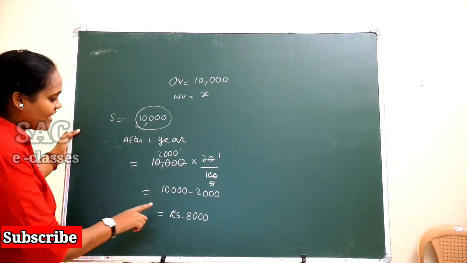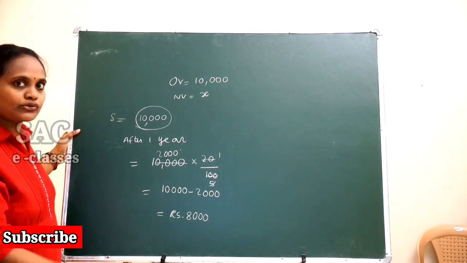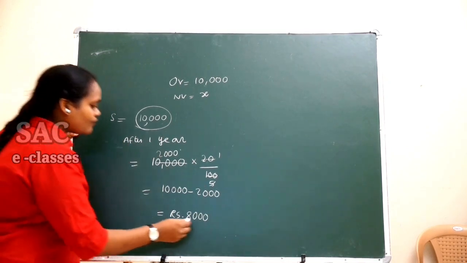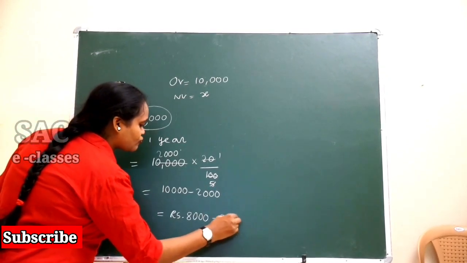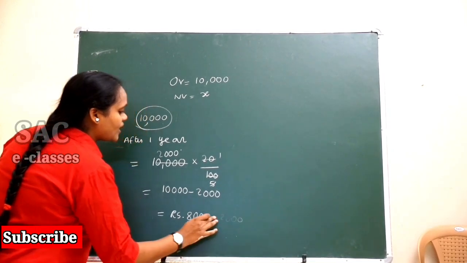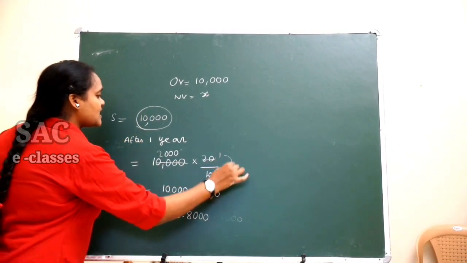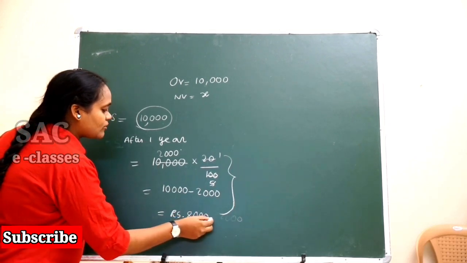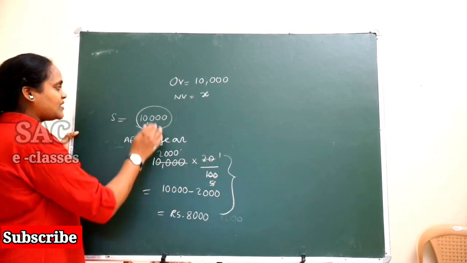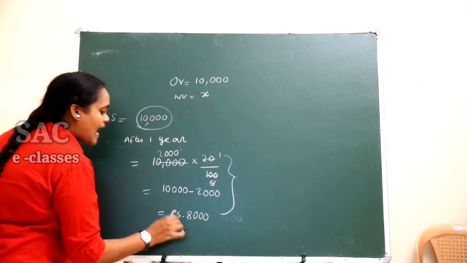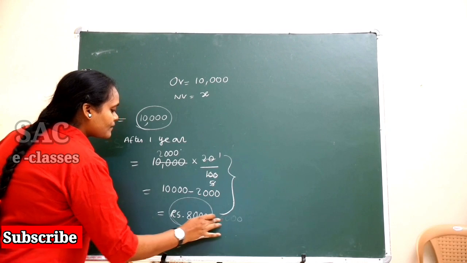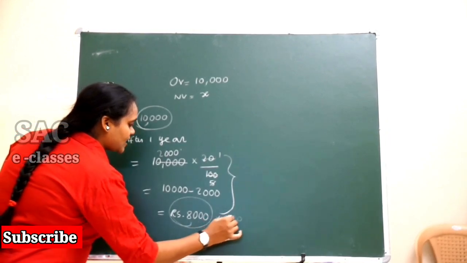But do you want the value after 1 year or after 2 years? After the second year. So will we think it is minus 2,000 again? No, we should not do like that. The reason is that 2,000 was for the first year. Now you should find the 20% depreciation not on 10,000 but on 8,000. So what will you do again? 20% of this 8,000.